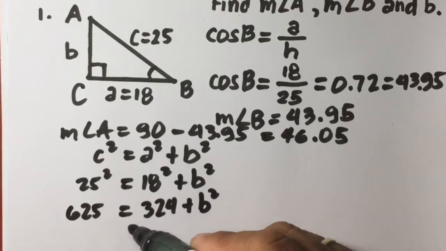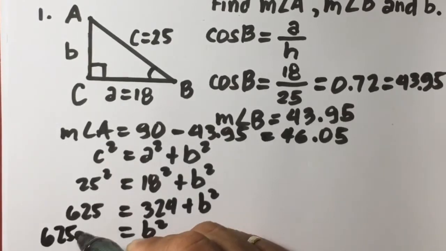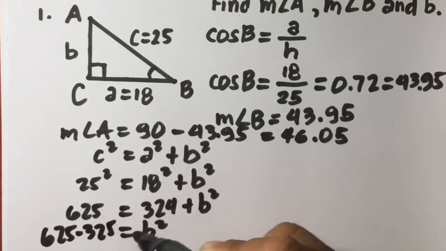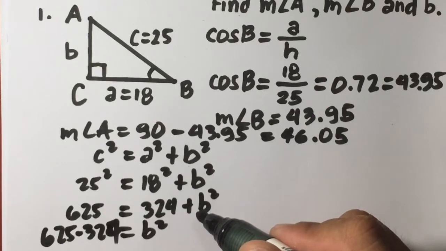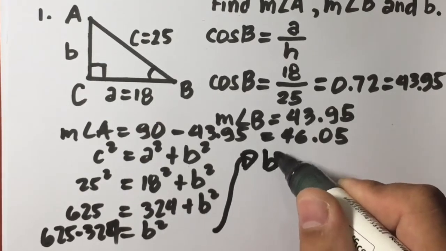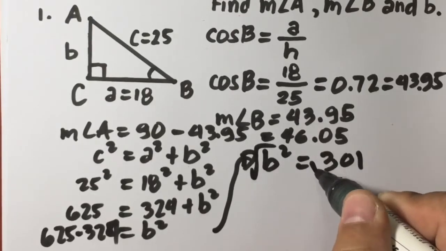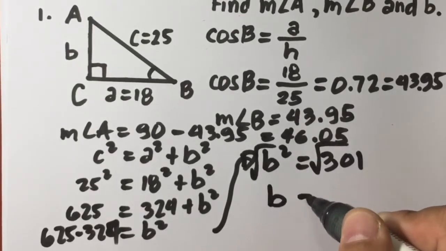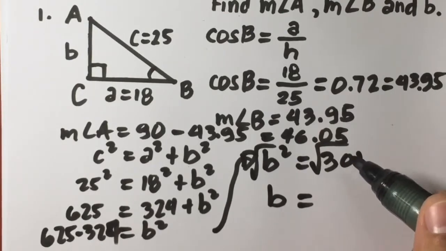Then B squared is equal to 625 minus 324, which is 301. Then extract the square root. B is equal to the square root of 301, which is 17.35.